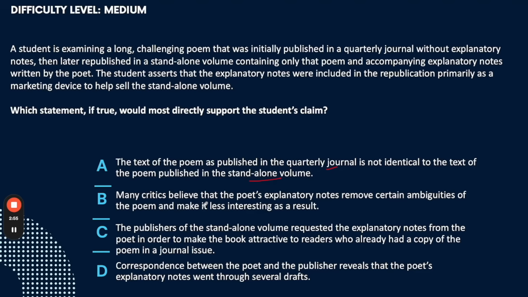Now this option is simply telling me that the text of the poem is different in the quarterly journal and the standalone volume. Is that my concern though? That's not my concern. All I want the correct option to say is that the explanatory notes are added so that the standalone volume could be sold to more readers, right? Whether the text is different or not is simply irrelevant to me, right? I just want to talk about selling the standalone volume to more people because of the explanatory notes.